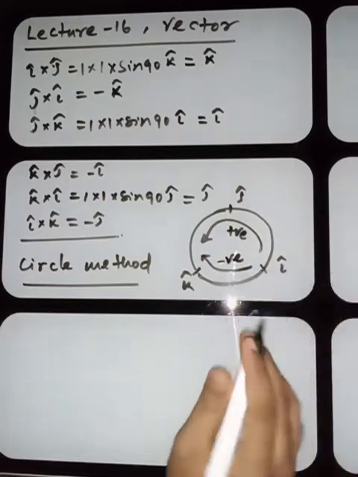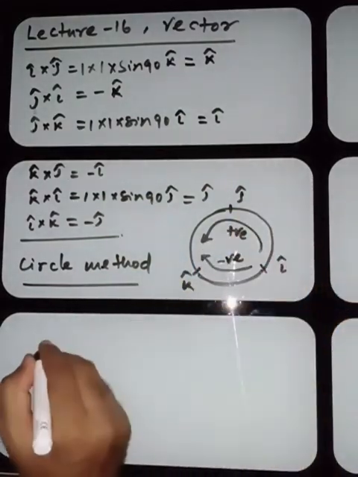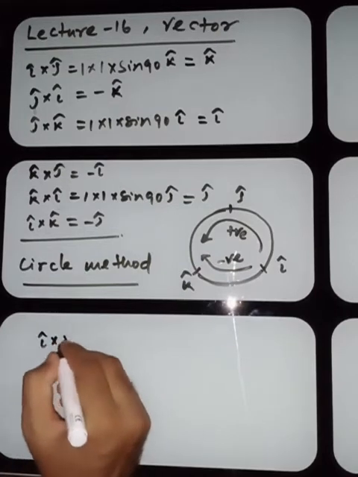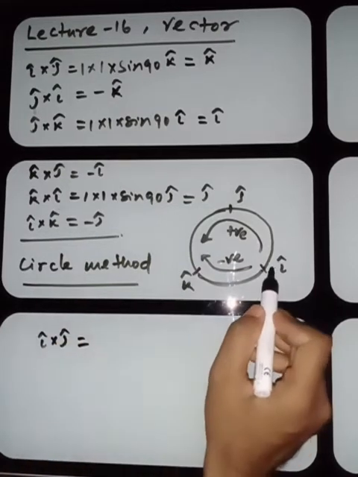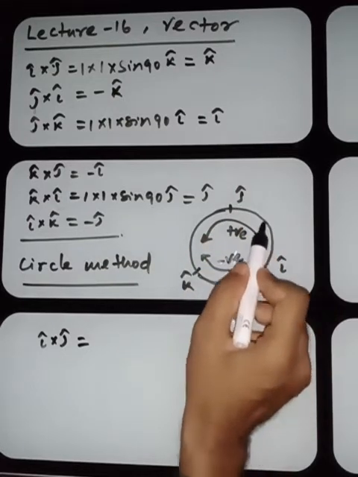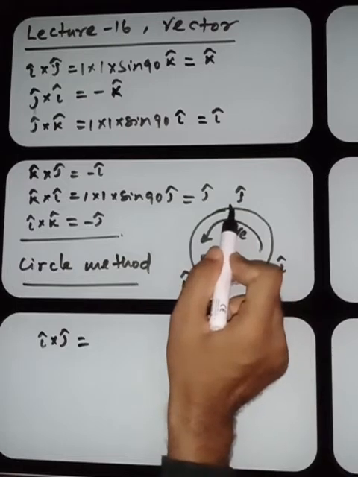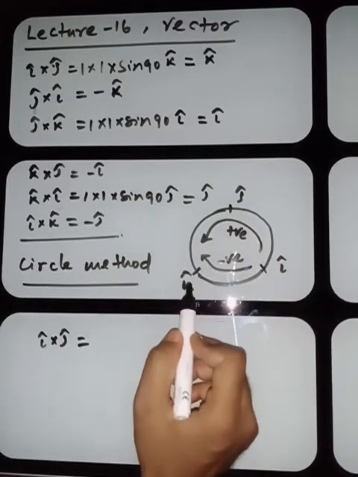Now, if you form this circle, then find out i cross j. Here, i cross j, you are moving in this way. If you multiply these two, the rest will be the answer, and the rest is k.